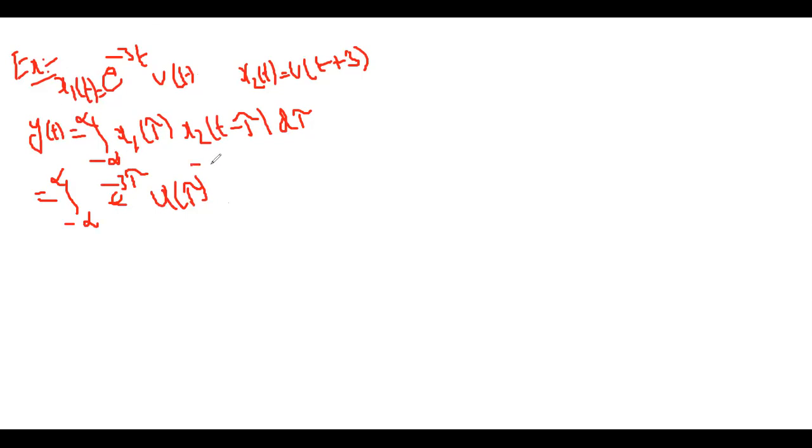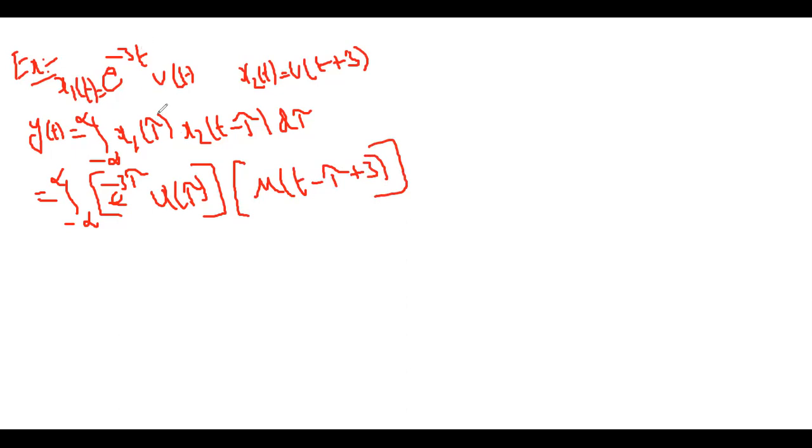As x1, and x2 is u of t plus 3. But instead of t here, it is t minus tau: u of t minus tau plus 3.